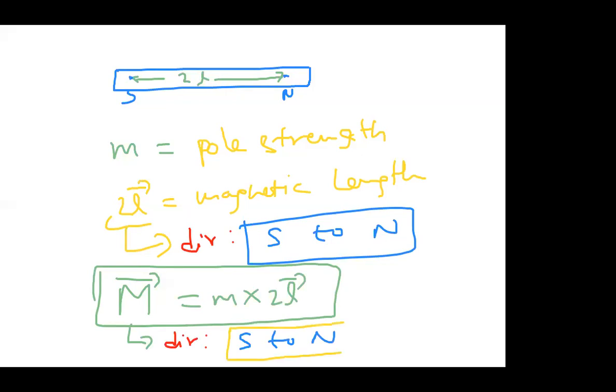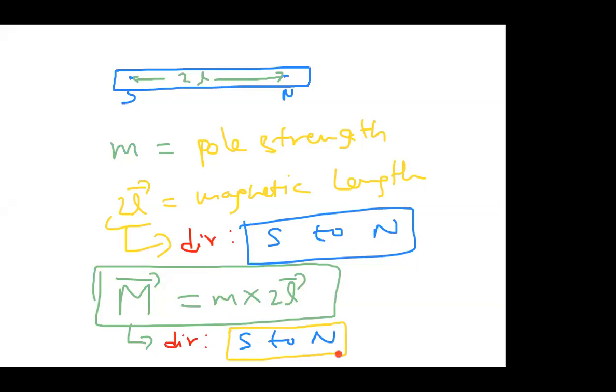Observe carefully here. 2L bar is south to north. Magnetic moment is small m into 2L bar, where small m is a scalar and 2L is a vector. So the M bar direction and 2L bar direction are the same. So the magnetic moment direction is south pole to north pole.